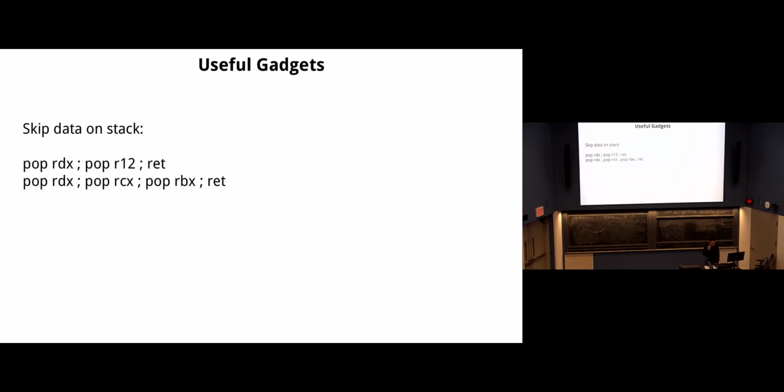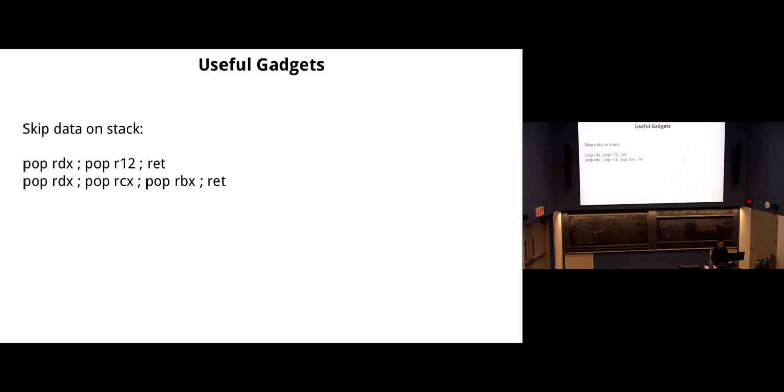So there are many useful gadgets I want to mention here. They will help you when you do your homework. I do not intend to make the ROP, especially in the final, too difficult. There will be a ROP challenge, but I will not make it too difficult because this one can be crazily difficult. Right? You can spend days on this.